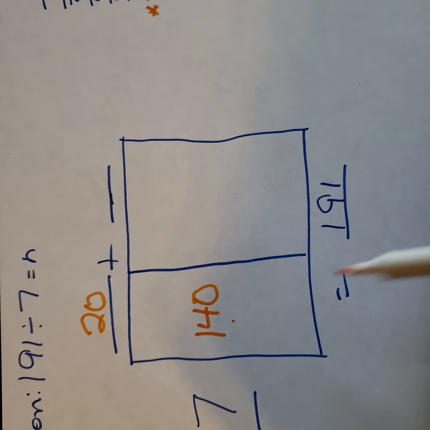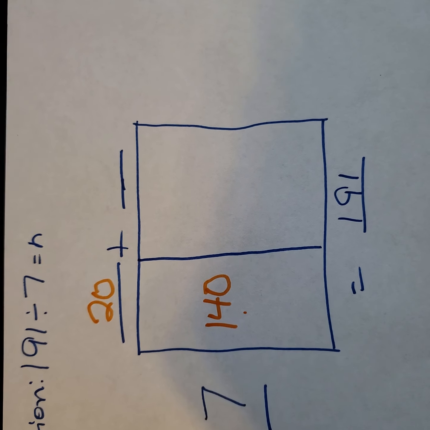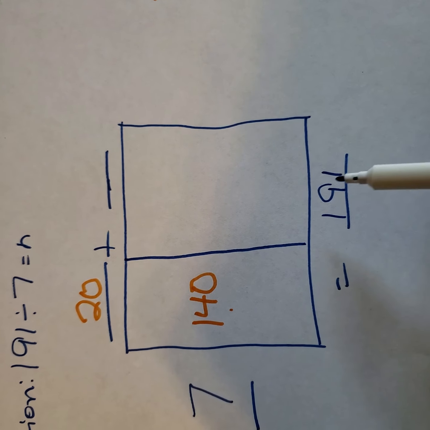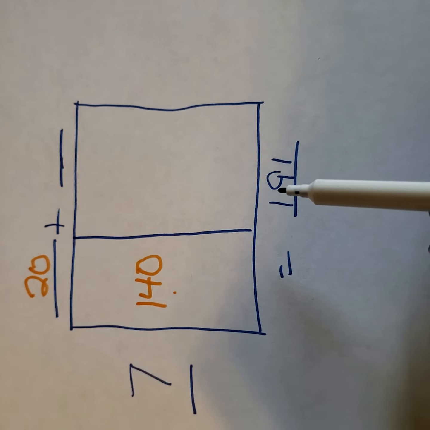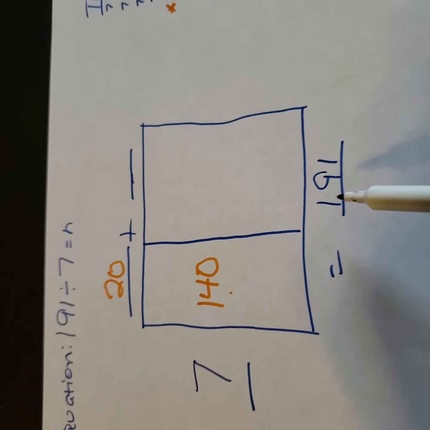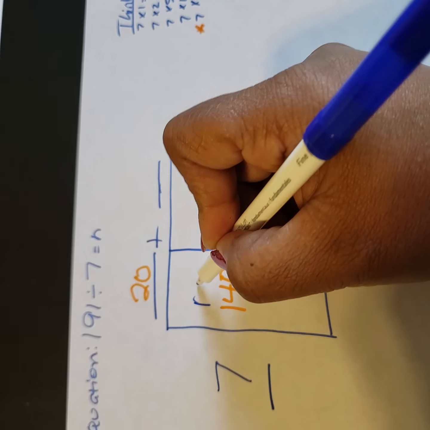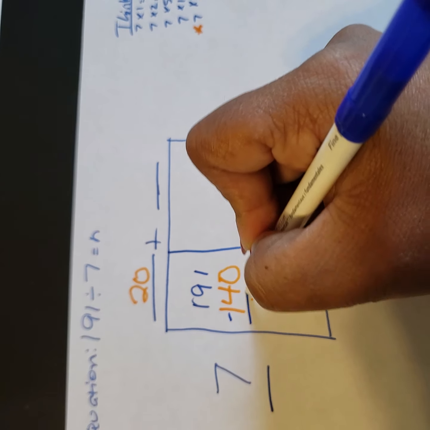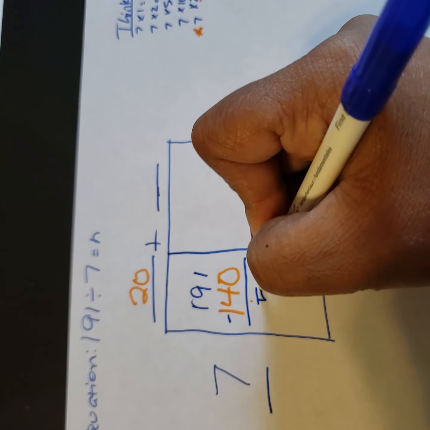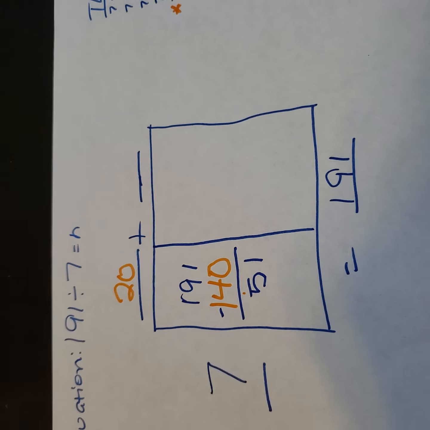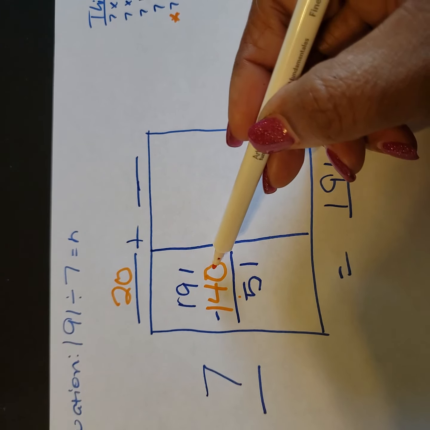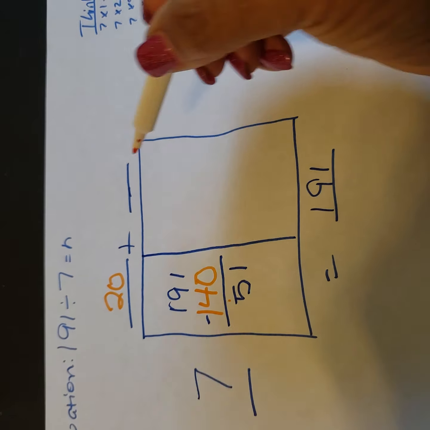All right, don't forget to please make sure you put that 140 in the middle of the box because we do need to do a little simple subtraction here to find out how much of that 140 we have left. So 140 being taken away from 191 is 51.